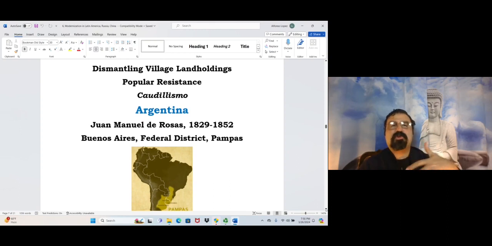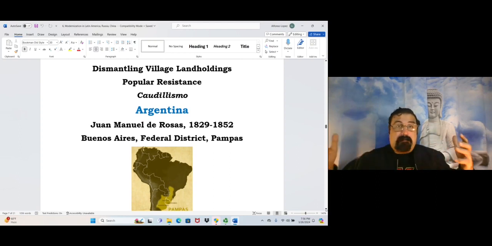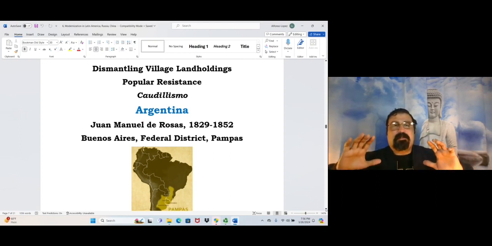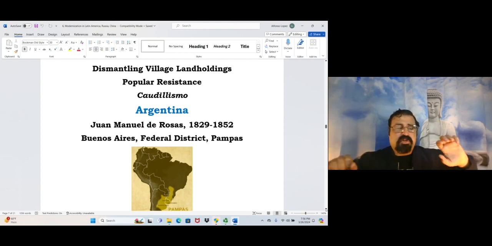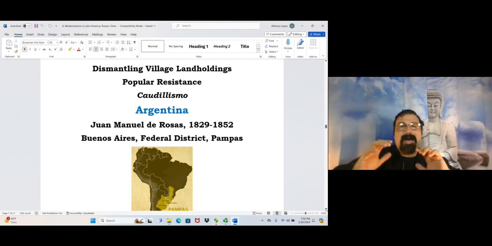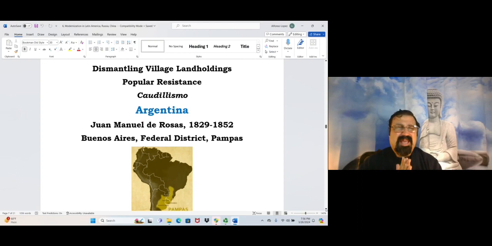Caudillismo is nothing other than a strong man seizing power in order to appear before the masses as the protector of the people, trying to stall the liberal project, trying to halt the privatization of church lands or village lands and so on, and trying to appeal to the masses in that regard. Those are strong men that are charismatic and have a large following of people.